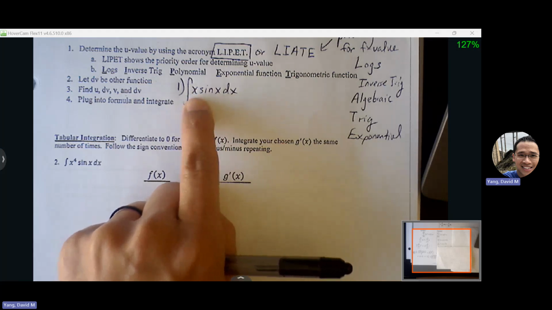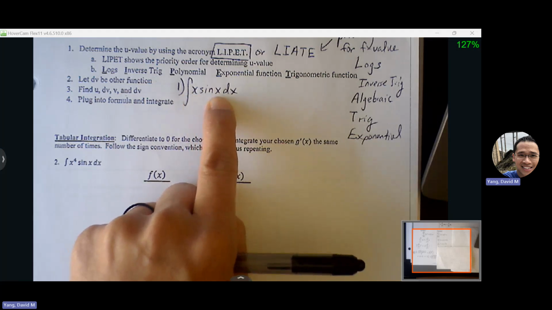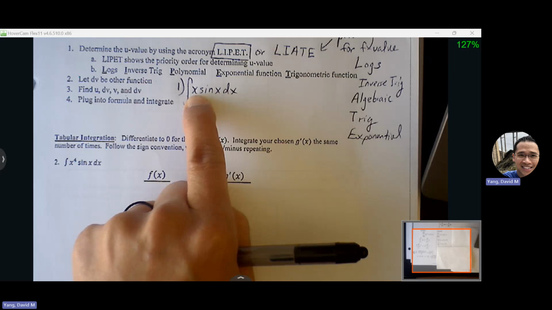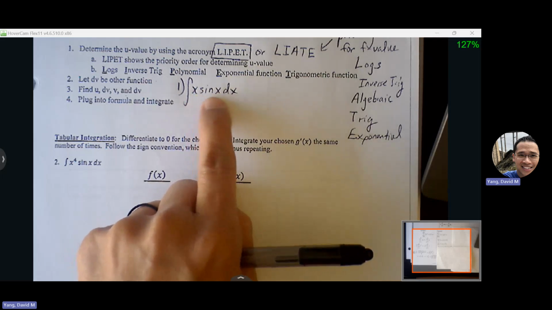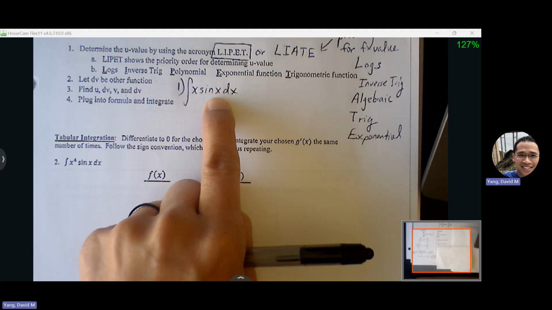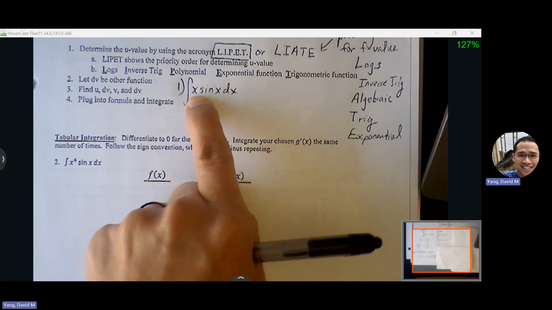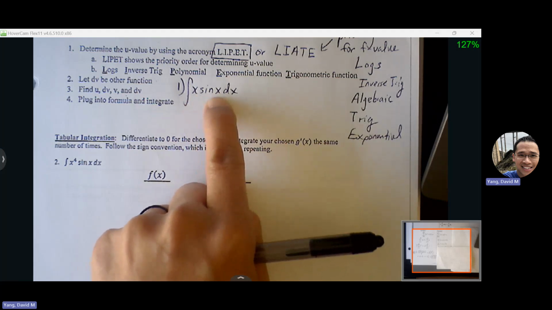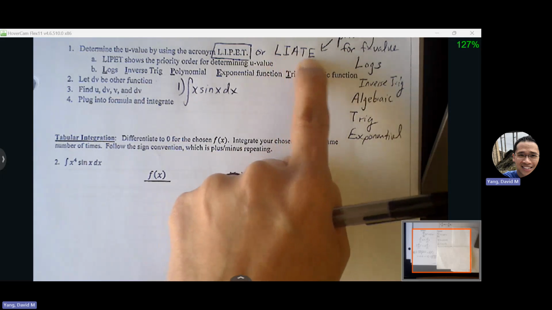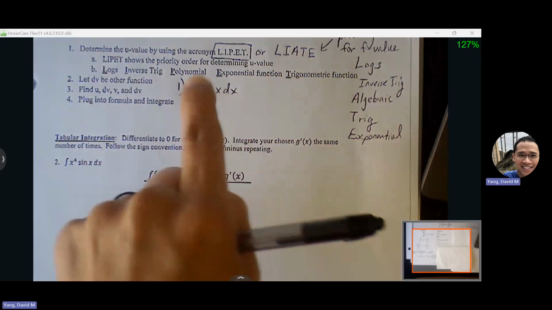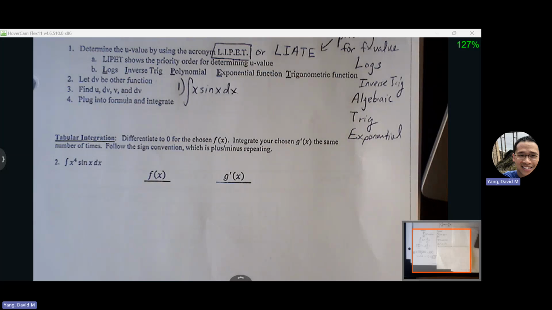But we do see two distinct types of functions here. We have an algebraic with the x. We have sine of x, which is trig. And so integration by parts should allow us to move forward with this problem. Because in the priority order, algebraic comes before trig, x is going to be my f, and g prime is going to be my sine of x.